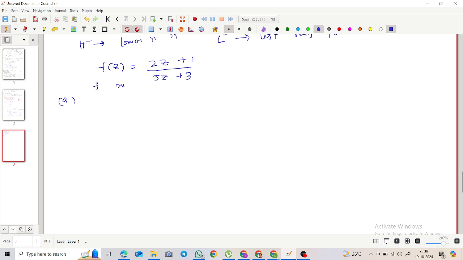A, f maps H plus to H plus and H minus to H minus. B, H plus to H minus and H minus to H plus.